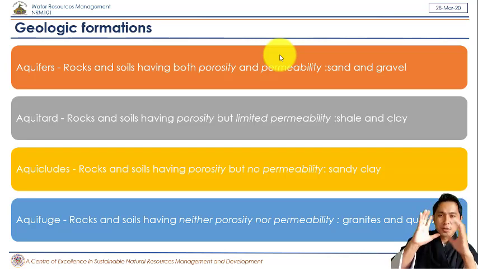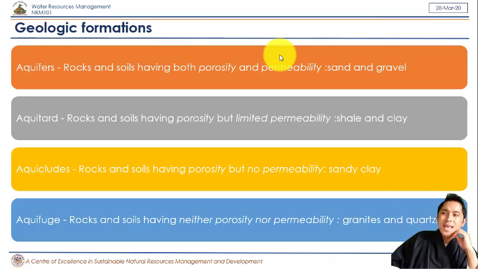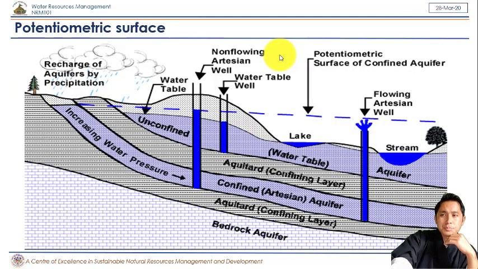You can remember it as aquifer, yes, for porosity and permeability; T for porosity, permeability less; C for clude, porosity, no permeability; and F for fuge, neither porosity nor permeability.